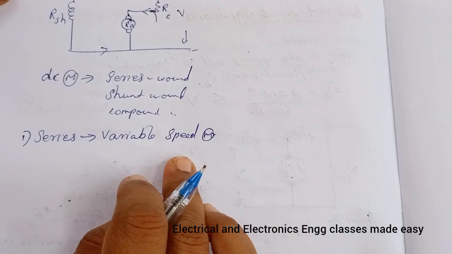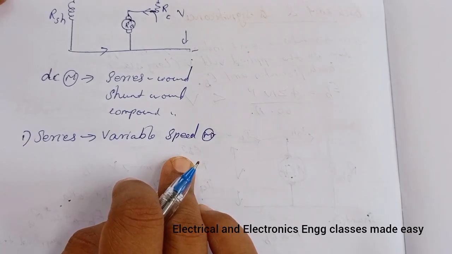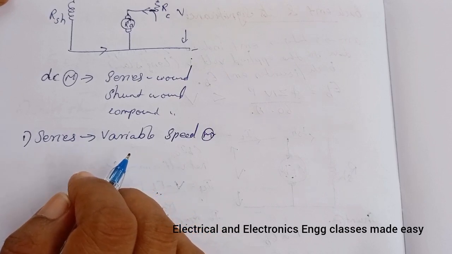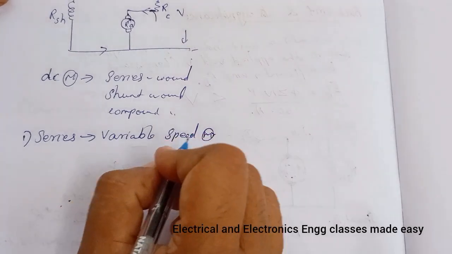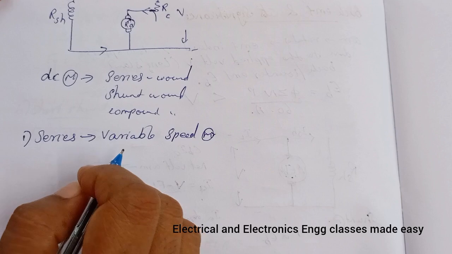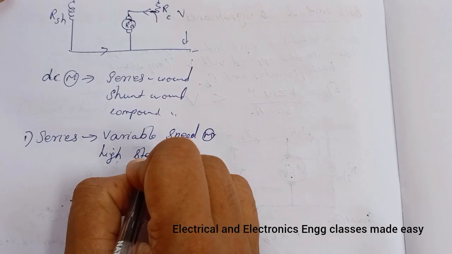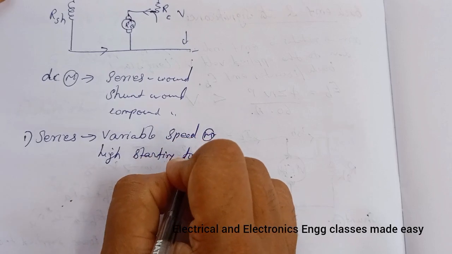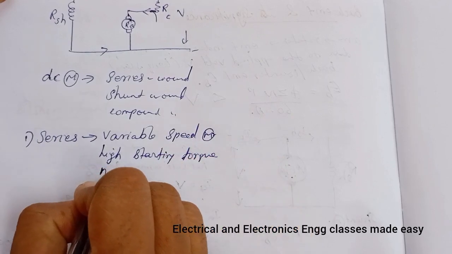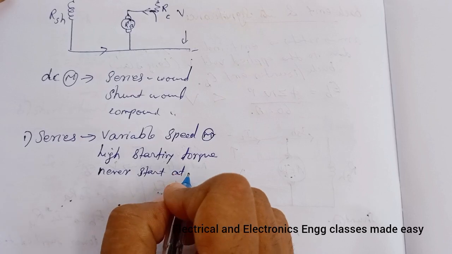That is, speed is low at high torque and vice versa. However, at light or no load, the motor tends to attain dangerously high speed. So, never start a series motor on no load. The motor has high starting torque. And never start at no load.